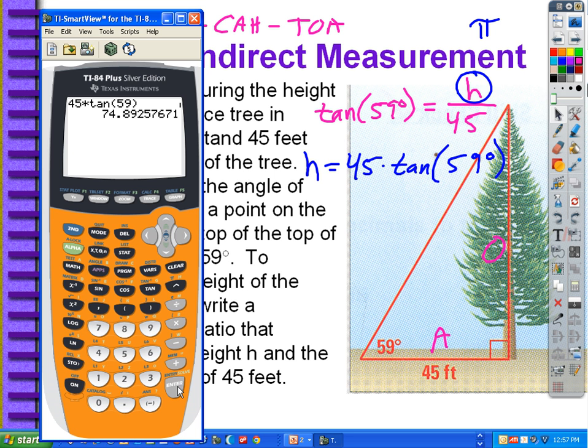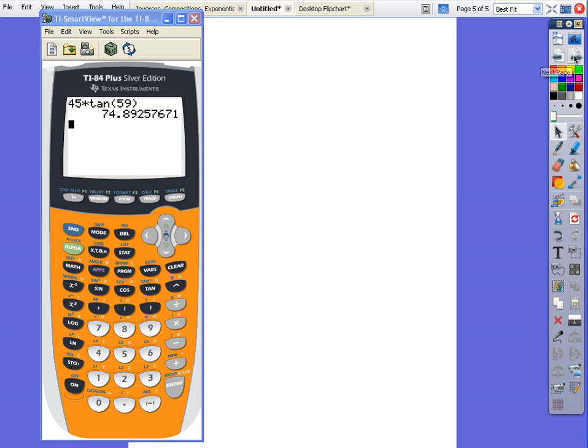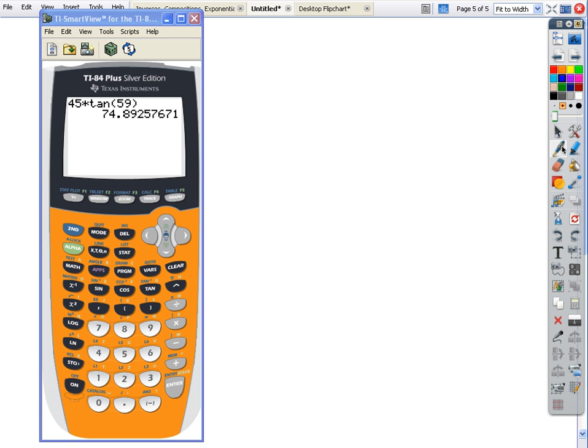What if we are going to climb a mountain? We look on our topographical map, and we see here's the mountain we're going to climb to the top.